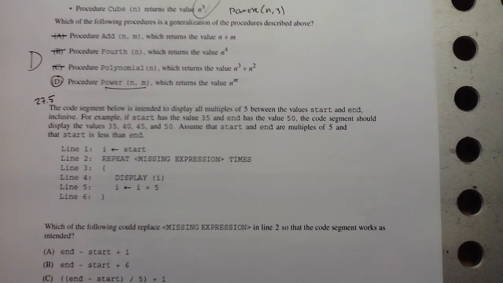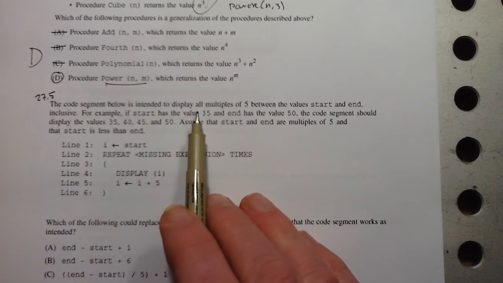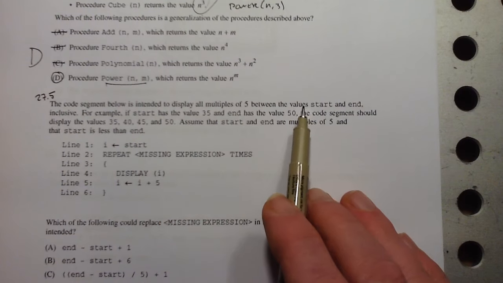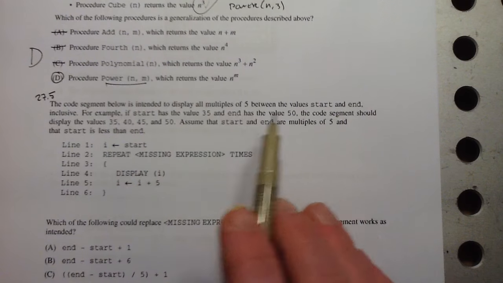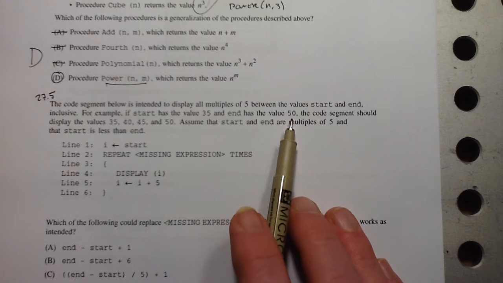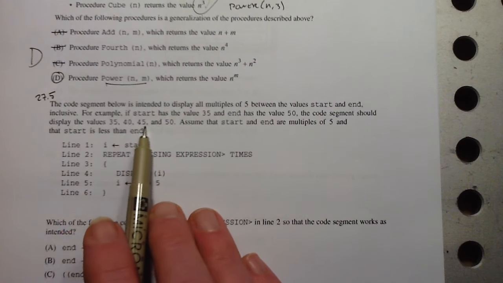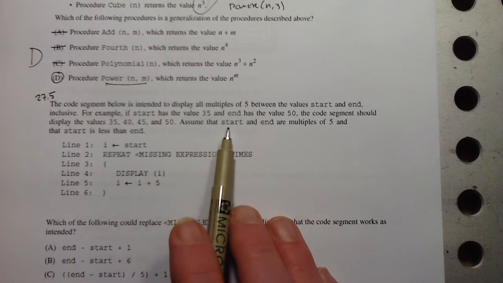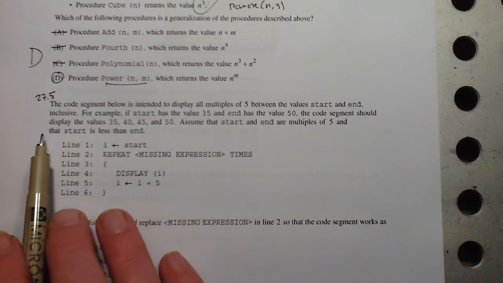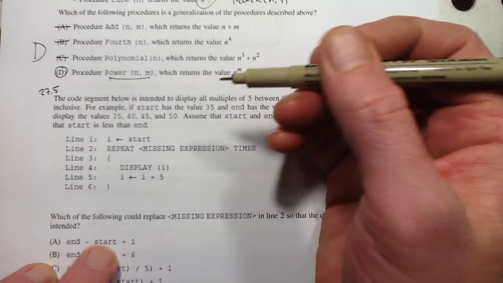Sorry about that. This code segment below is intended to display all multiples of 5 between the values start and end, inclusive. For example, if start has the value 35 and end has the value 50, then we should get 35, 40, 45, 50. Assume that start and end are multiples of 5 and that start is less than end. Okay?